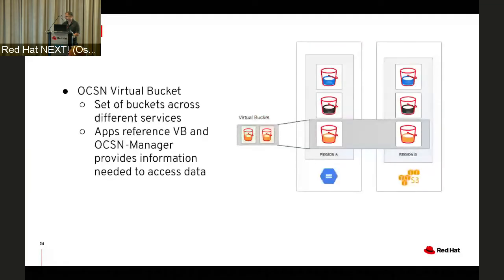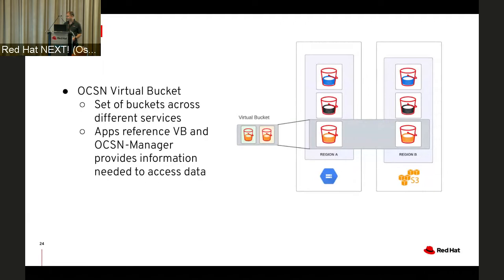OCSN defines an entity called virtual bucket, which is a set of buckets that can exist across different services and all act as one virtual bucket. So the idea is that if we have a bucket on AWS and a bucket on Ceph that we want to share the data between, we'll have a virtual bucket. And then the application could reference that virtual bucket instead of referencing directly the physical location of where the data is, either at Ceph or AWS in this case.